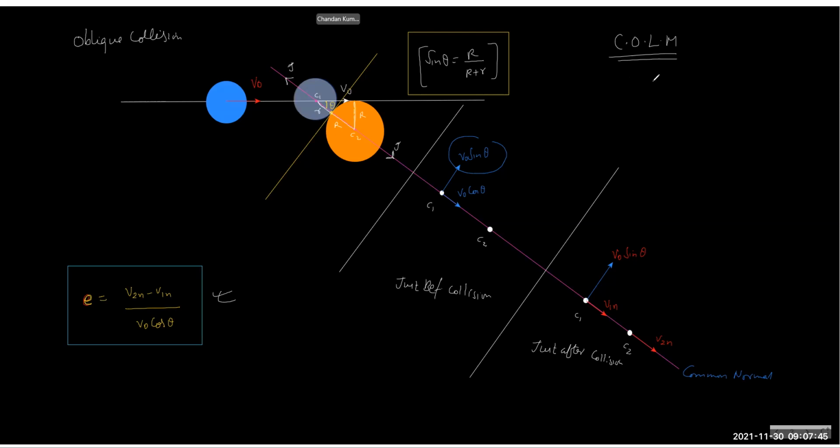The rule in two dimension is you simply conserve the momentum along the line of impact. This is the line of impact also. So the common normal is the line of impact.